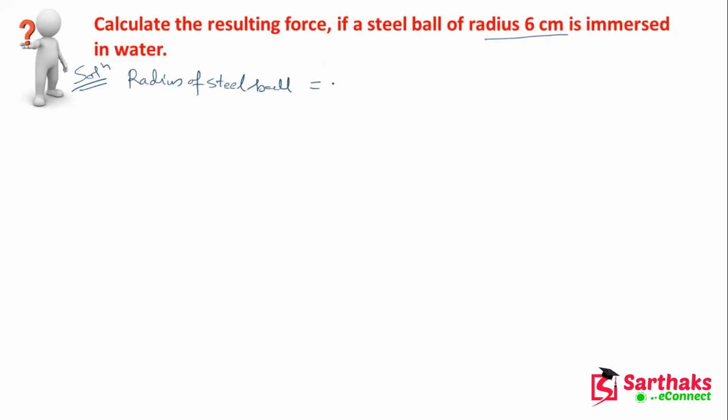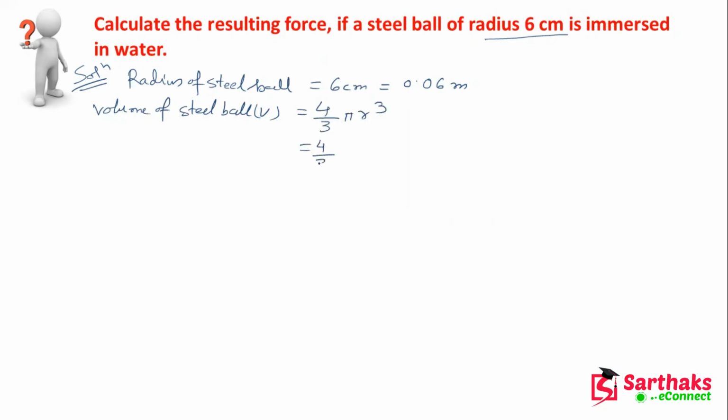Steel ball, that is the 6 centimeter. So let me change into the unit 0.06 meter. So here the volume of the steel ball, V, that is 4 by 3 pi r cube.